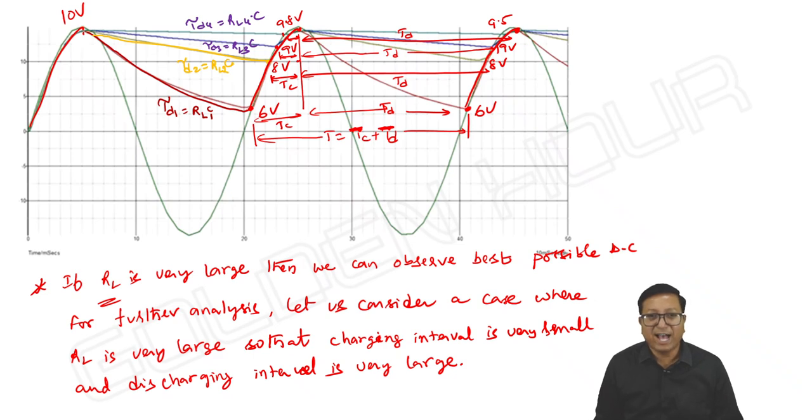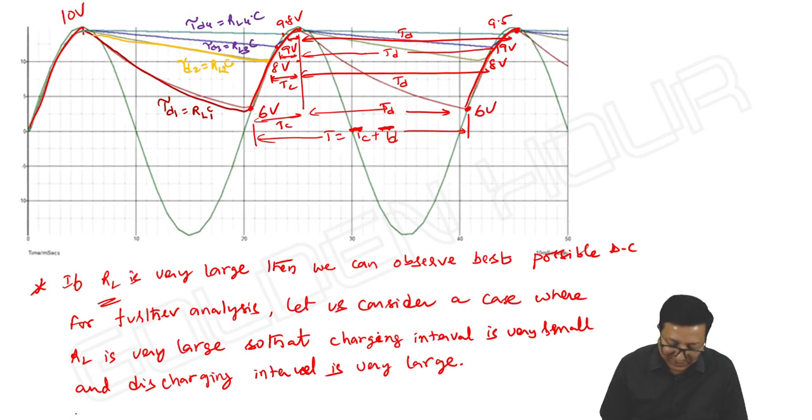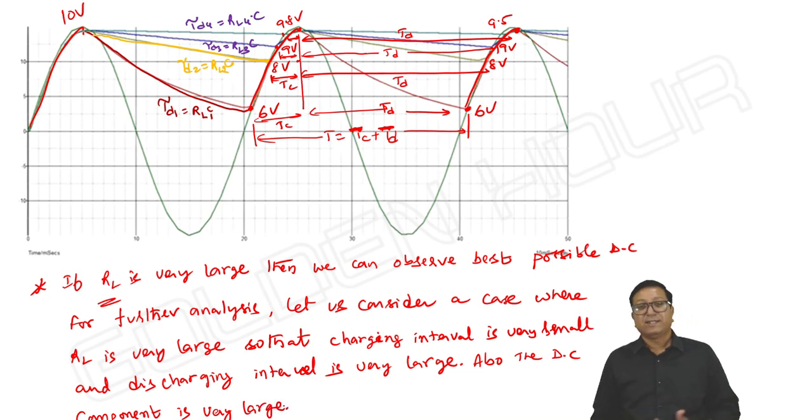And one more thing, the average or DC value is very large. The average or DC value, also the DC component, is large. DC is large and almost it looks like a DC only, almost like a perfect DC, means AC component is extremely less, means ripple component is very less.